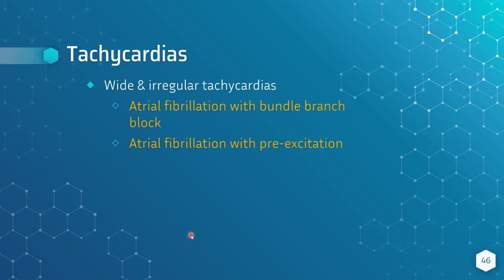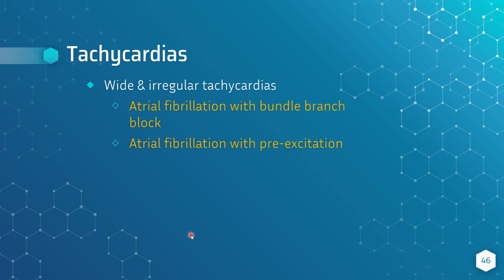And then wide and irregular tachycardias. So if it's irregular, your R to R, and you have a wide QRS, then it can be two things. Your AFib with a bundle branch block, and then your AFib with pre-excitation. Specifically, it gets more complicated. AFib with pre-excitation is in patients who have WPW, Wolff-Parkinson-White syndrome, and that gets complicated in its own sense.